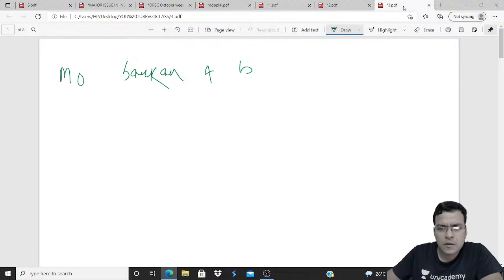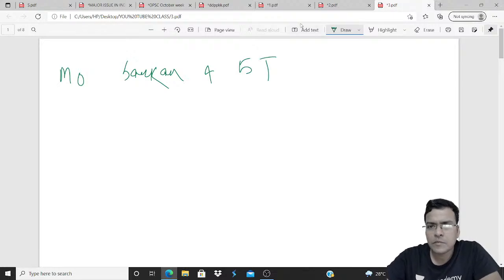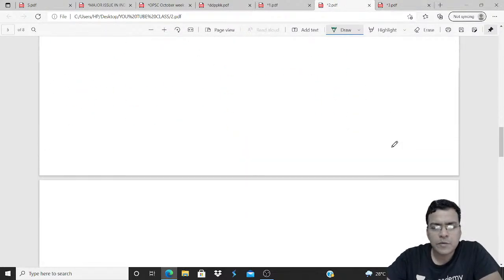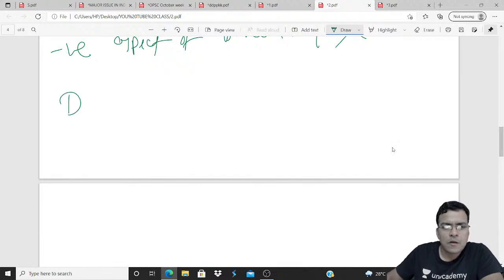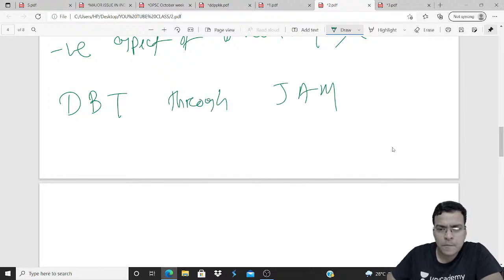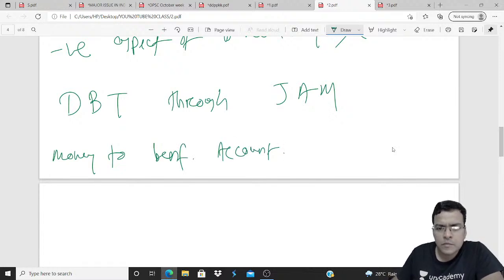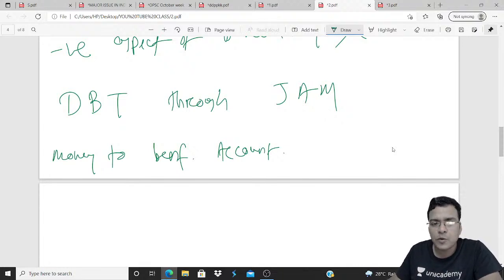Next you can write in detail about Mo Sarkar and 5T. Here explain direct benefit transfer through JAM, Jan Dhan Aadhaar Mobile. Here direct money goes to the beneficiary's account. So this is a major reason for increasing transparency and stopping corruption.